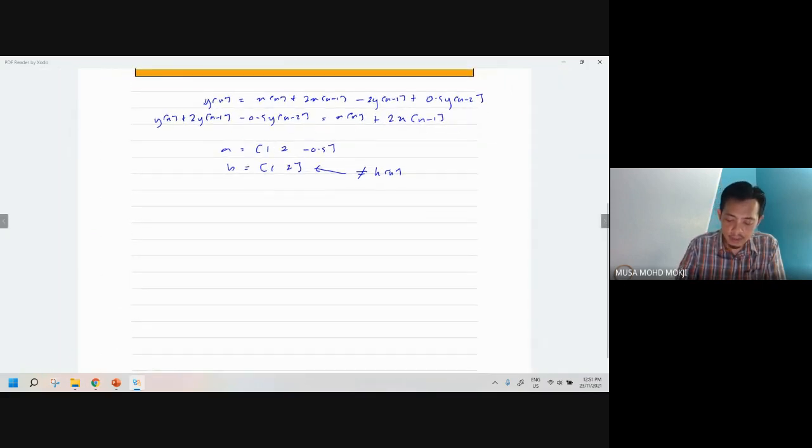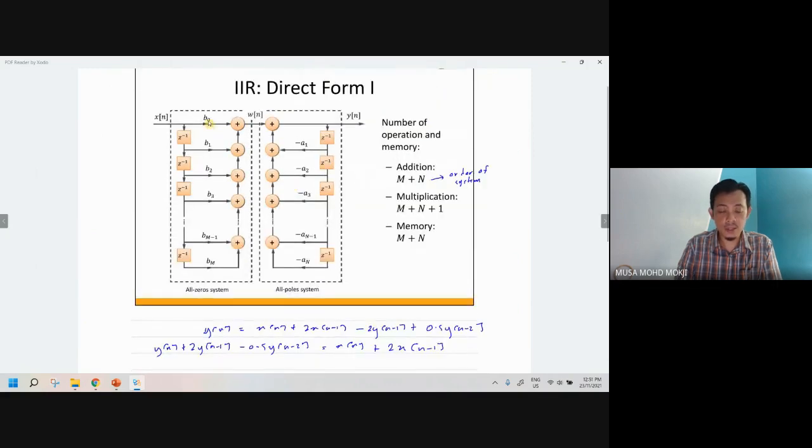Then we can draw it straightforwardly. So we have xn, so we have yn, and then xn, so we have just 1 and 2. So this is B0, this is B1. We don't need to put A0 because A0 is always 1.